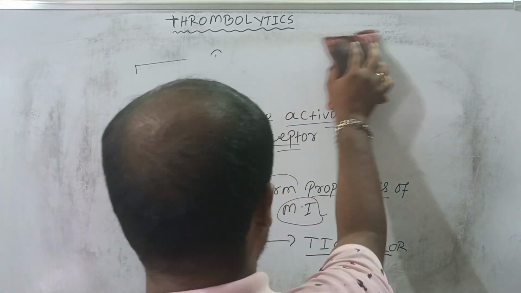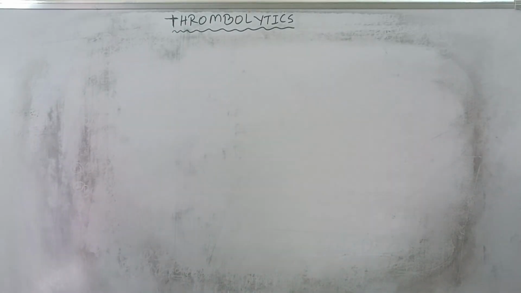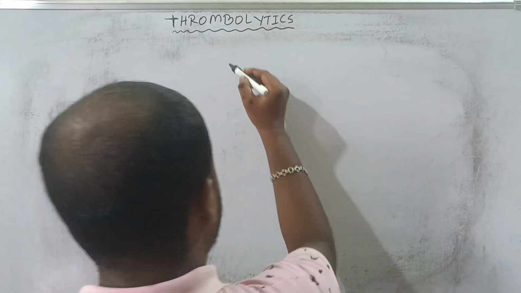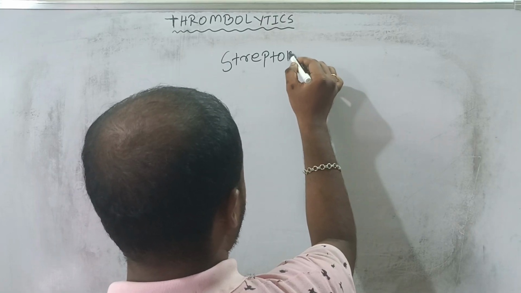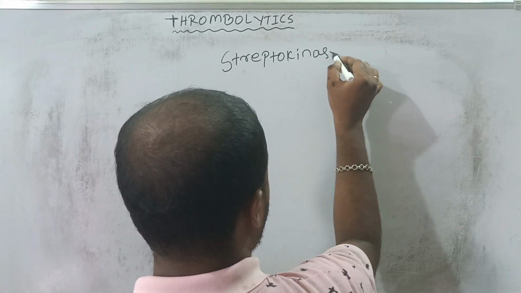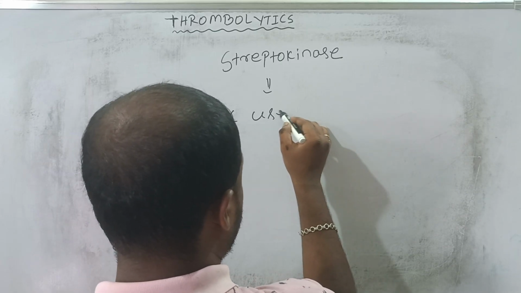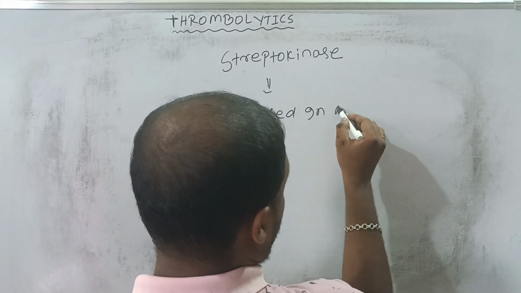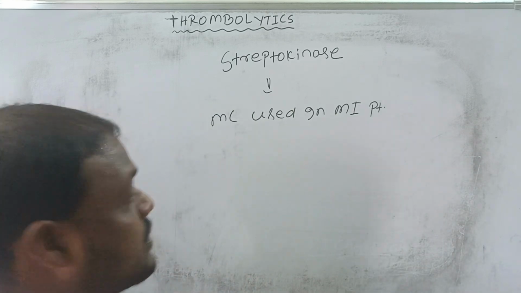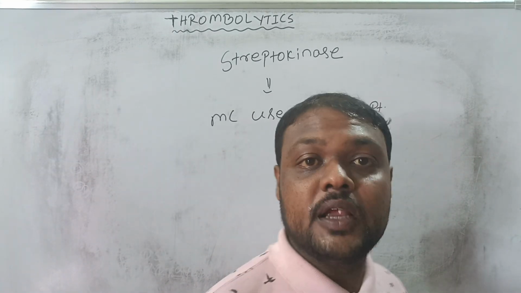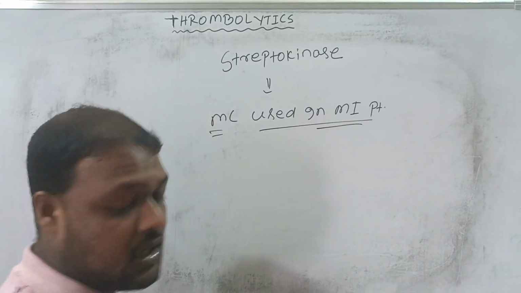Clear? Streptokinase is a thrombolytic agent that is most commonly used in the MI patient.